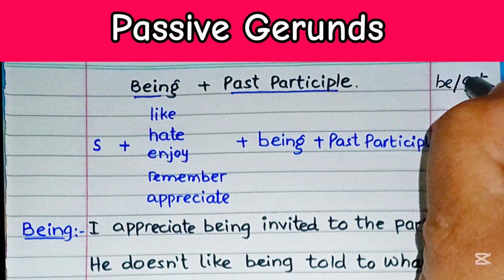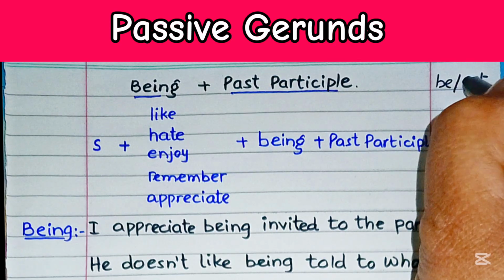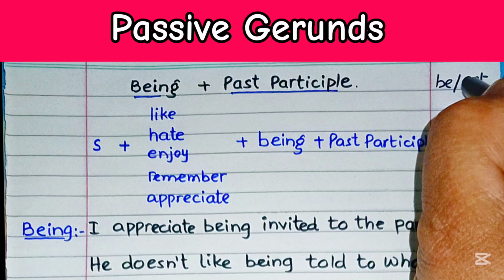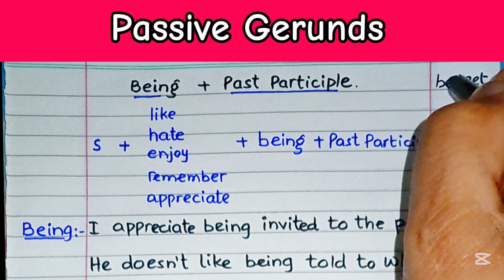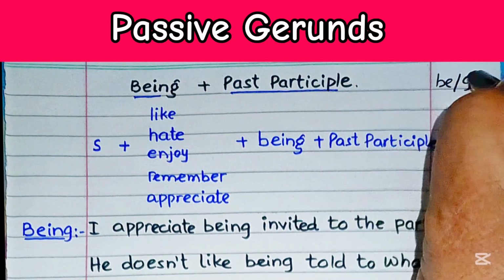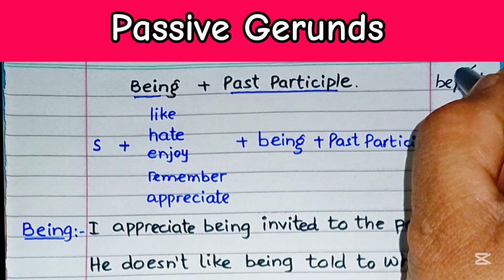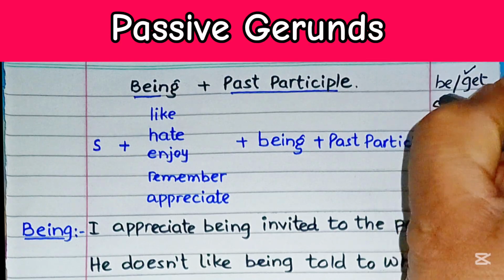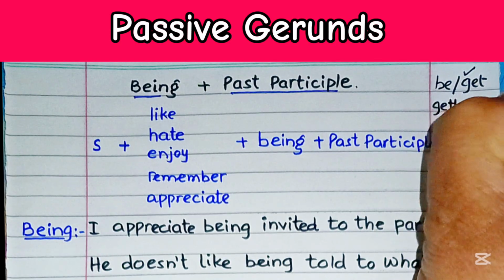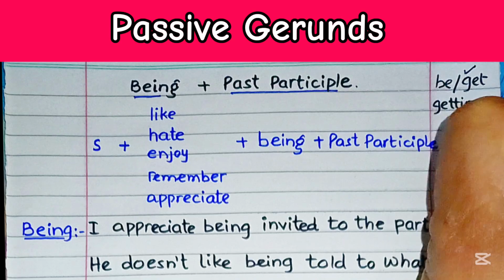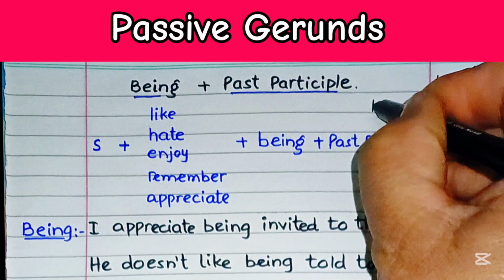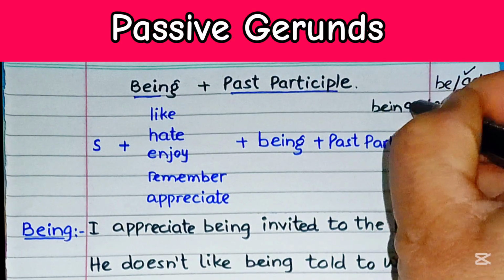These two verbs are to be used for making the passive voice. It is possible to use get as a gerund, just like getting. Or it may be used as being.